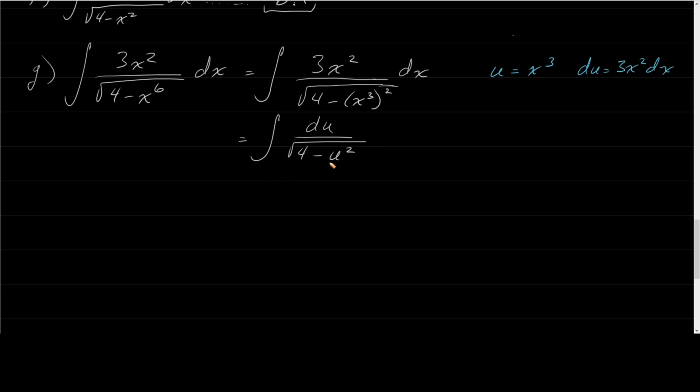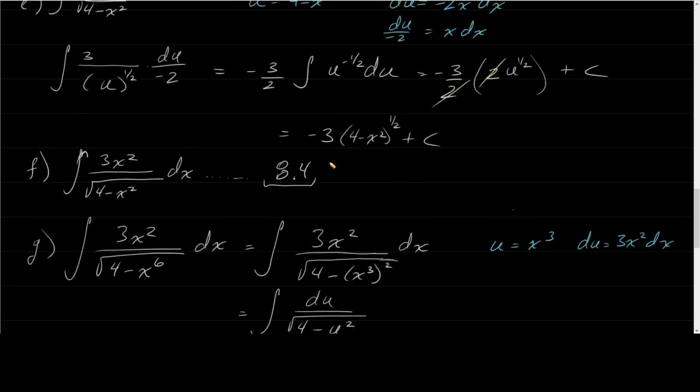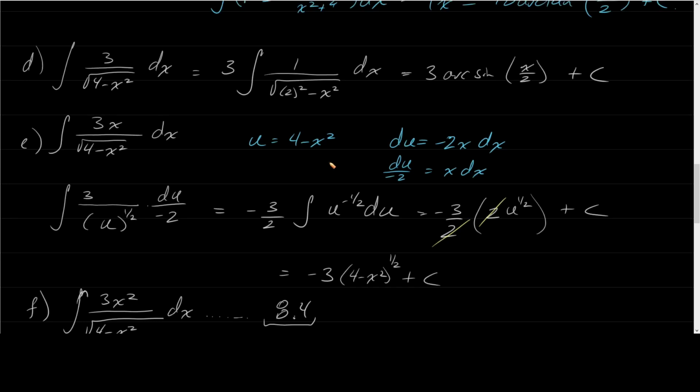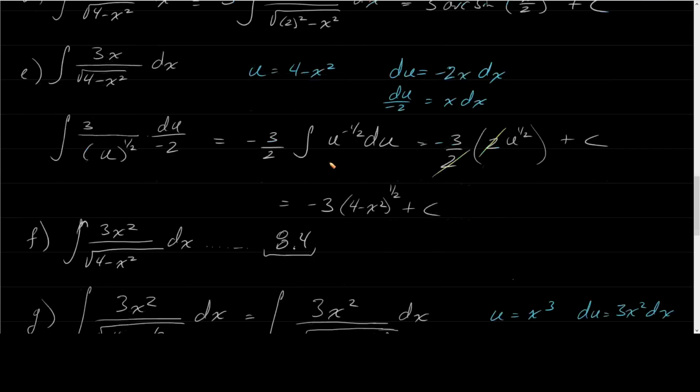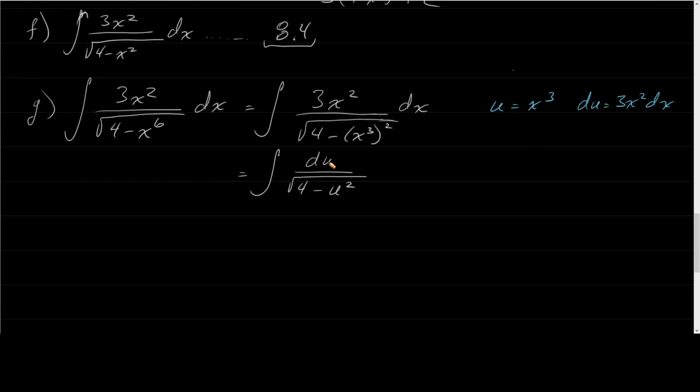This one right here is essentially example D. It's with a different coefficient. We've got 3 there, but it's essentially the same format. So what I can say now is that this becomes just arc sine of u over 2 plus c. But we know not to leave our answers in terms of u, so it's arc sine of x cubed over 2 plus c.